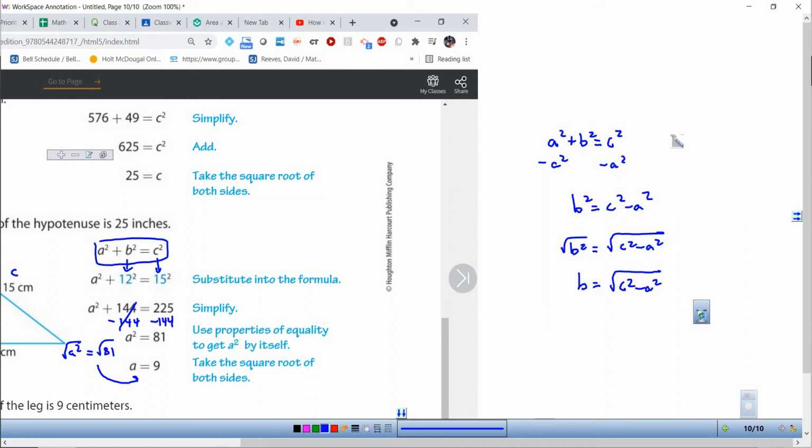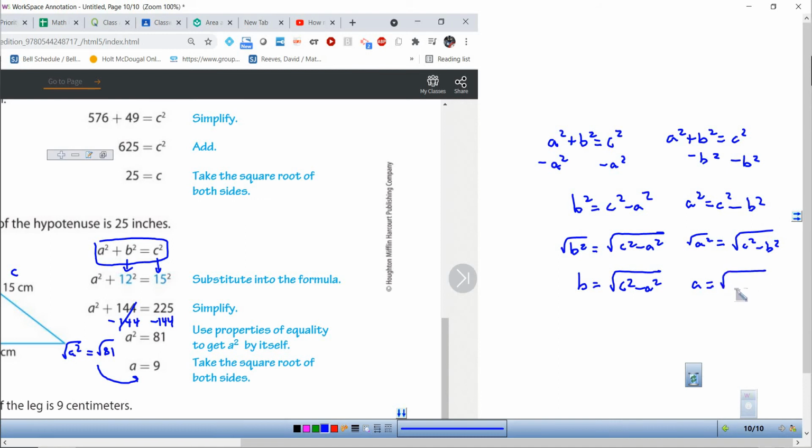Of course, I could do the same process, but instead of solving it for B, I could solve it for A. So this time I could take away B squared from both sides, and then I get A squared is equal to C squared minus B squared. Then I get the square root of A squared equals the square root of C squared minus B squared. And what do I end up with? A is equal to the square root of C squared minus B squared.